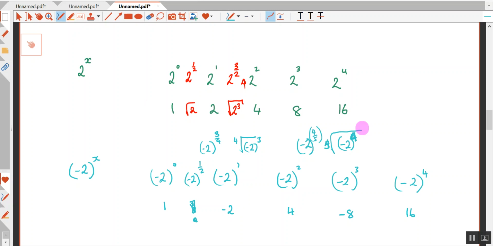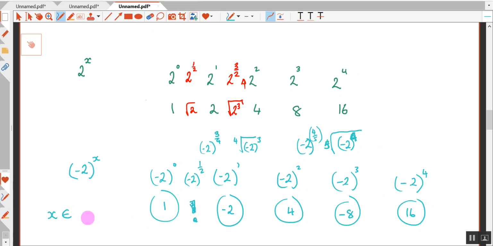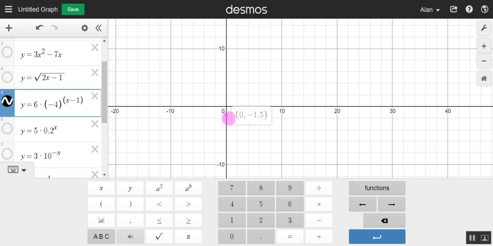If I just went about plotting these ones, if I limited my domain, so I said x is only an element of integers, like the z value, you remember that? I could plot individual points, but they would have to stay as individual points, which is kind of what Desmos is trying to do, yeah?